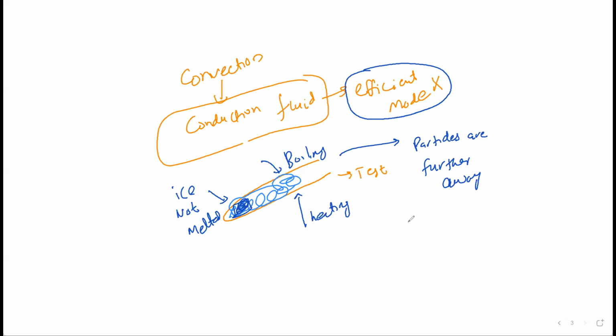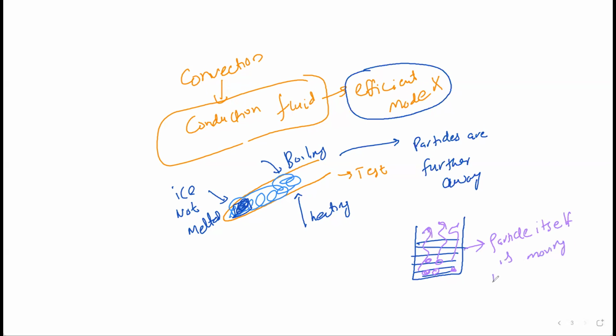And then we discussed another experiment in which we filled a beaker with water and we put crystals of KMnO4 at the bottom of the beaker. After some time, we saw that a stream of color was going up. That showed that the particle itself is moving to the neighboring particle or neighboring atom to exchange its energy.